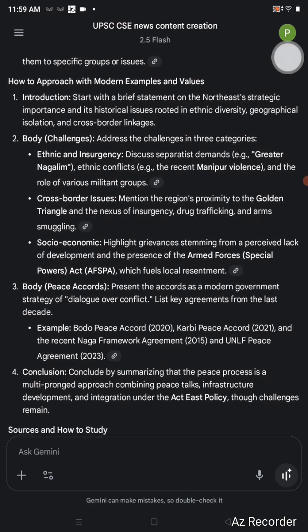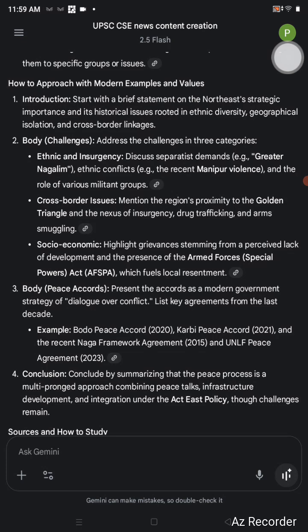And due to the conflict, we have the armed forces and AFSPA, and we know there is conflict between the armed forces and the local police, and AFSPA gives separate powers. So this fuels local resentment because there will be conflict between them.